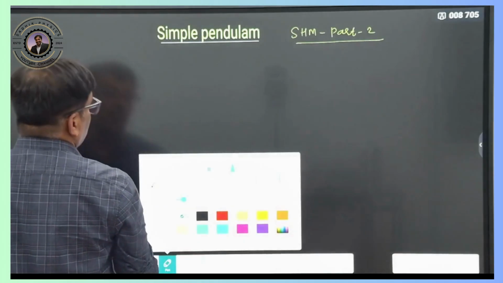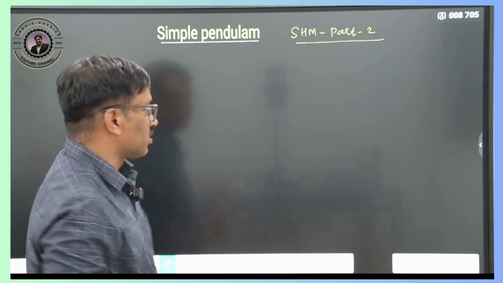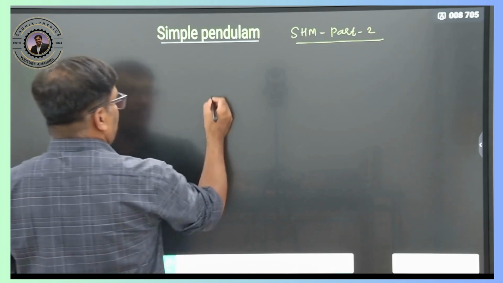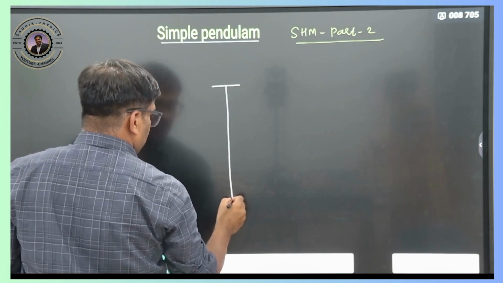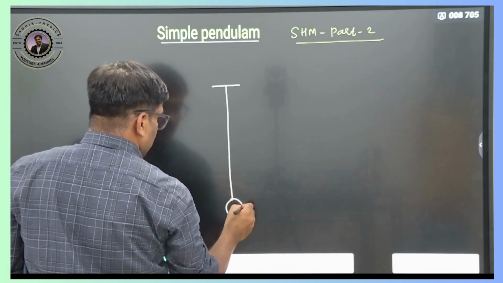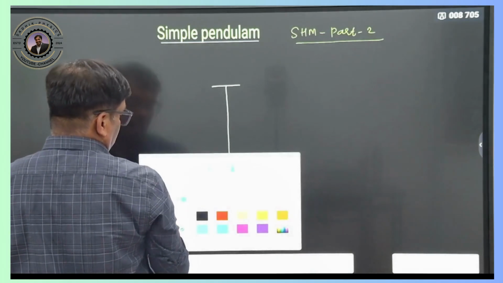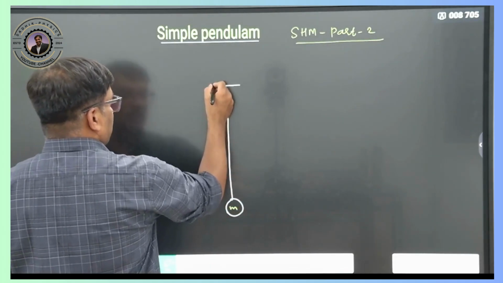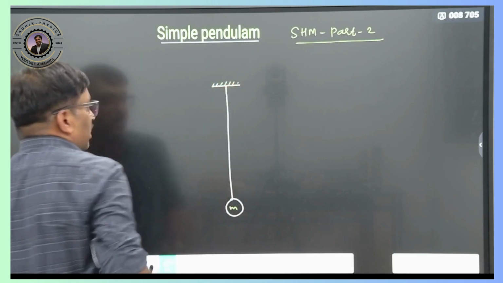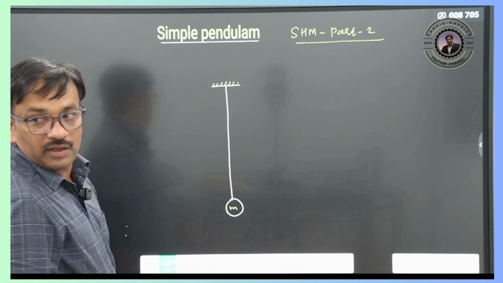Let us see. You might have seen a simple pendulum in pendulum clocks. A pendulum means there is a string connected to a metallic bob of mass m, and the other end of the string is suspended from a support. Now we are going to define some terms.